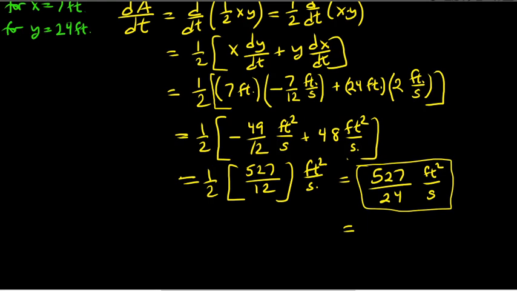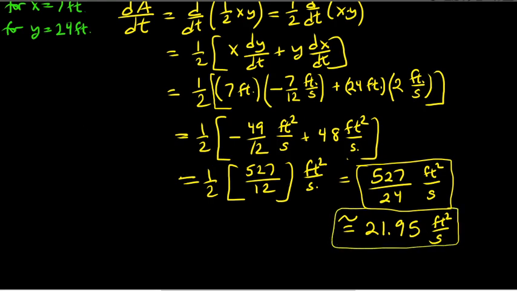Yep, okay. Then we just leave it as it is, or write it as a decimal, which is 21.95. So this will be approximately 21.95 square feet per second. That's the approximate.